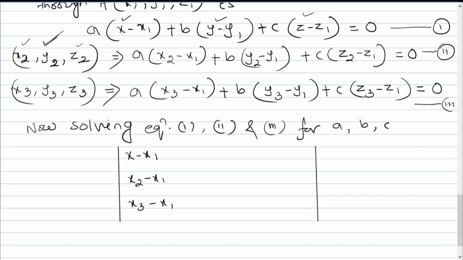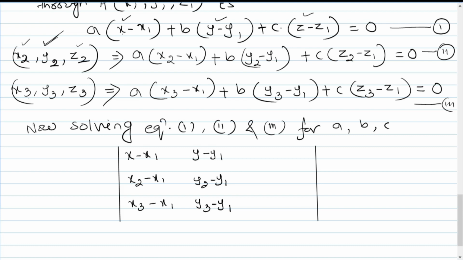Then b ka coefficient y minus y1, that should be in the second column, so y minus y1, y2 minus y1 and y3 minus y1.